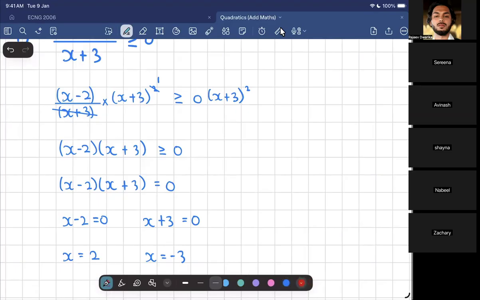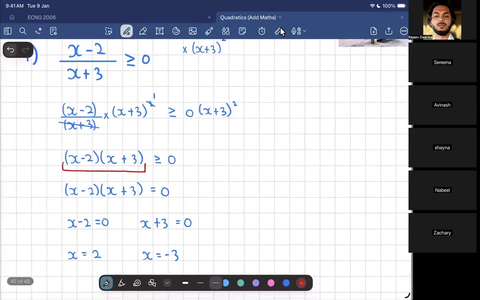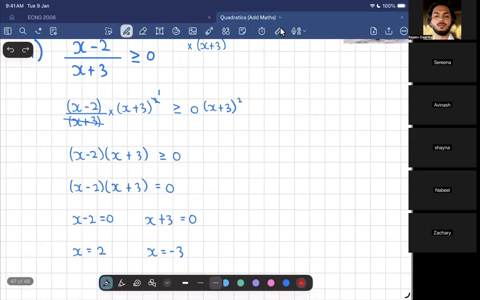Additionally, if you were to expand this out, you'd end up with a quadratic that is a maximum or minimum. A minimum, because you'd end up with x squared, yeah? Let me know if you understand that.